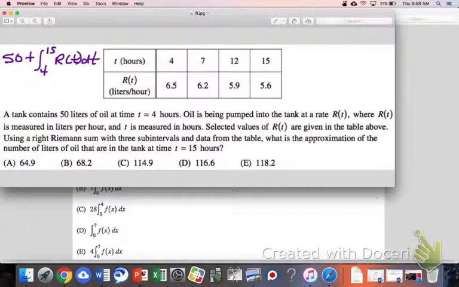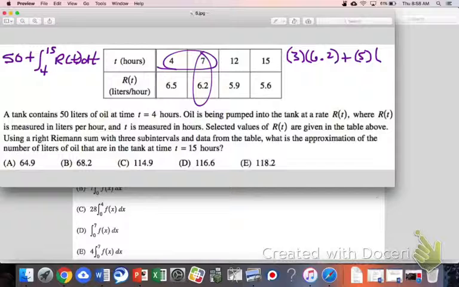So a right Riemann sum would be 3 times 6.2. I'm getting that from the 3 there and the 6.2 there. And then it would be 5 times 5.9.